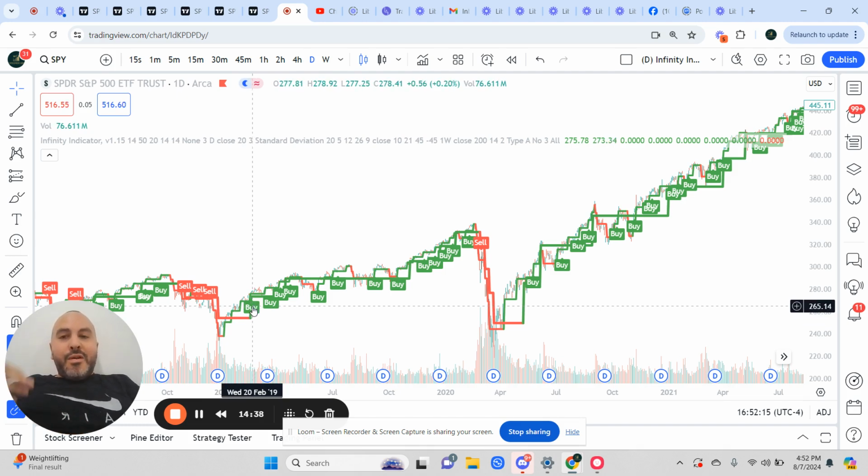But here, this was February 20th, this buy signal. The next buy signal didn't come until a month later. The next buy signal after that came about 3 weeks later, and then another 3 weeks after that, and then another almost 2 months after that. So you get buy signals about once a month.